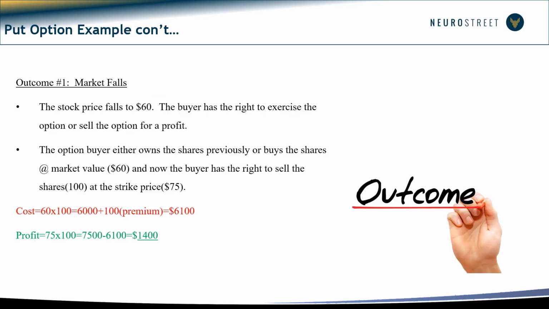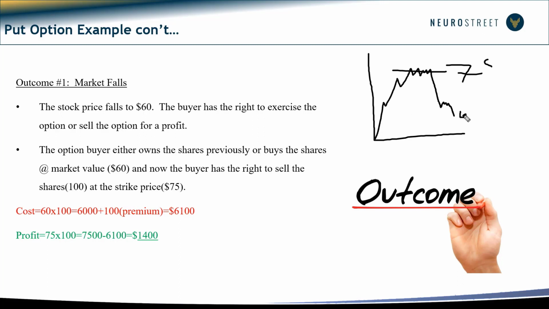So outcome number one, the stock price drops to $60. That's good, right? Because you bought it at 75, remember? We thought the stock was going down here, consolidate, and boom, boom, down to 60. You're feeling happy, okay? The stock is moving in your direction. You're making money on the options contract.